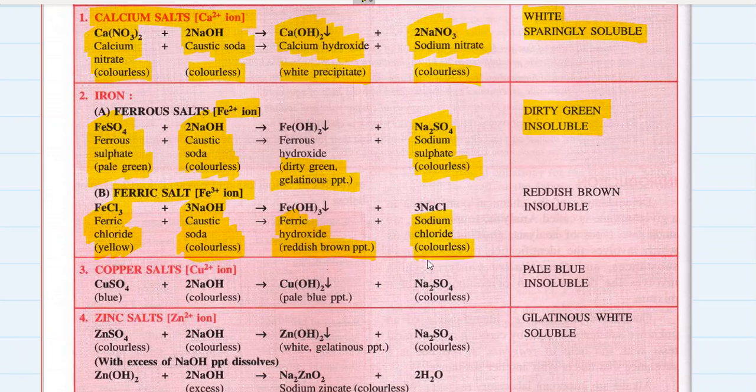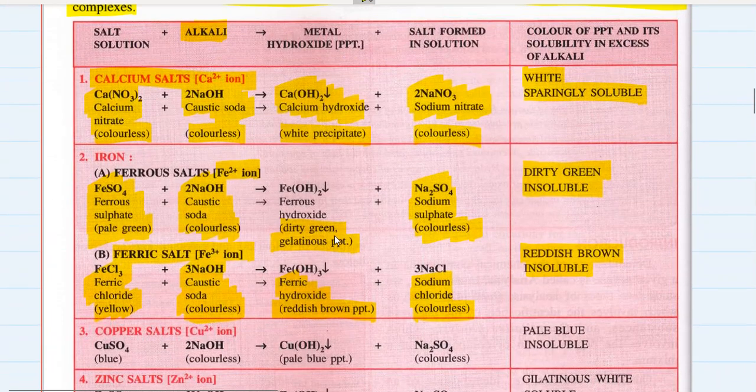So you will have a colorless solution on the top, and at the bottom you have a reddish brown precipitate. This reddish brown precipitate will be insoluble in excess of sodium hydroxide. So even if you add excess sodium hydroxide, the reddish brown precipitate of ferric hydroxide will remain insoluble. So these facts you must memorize.